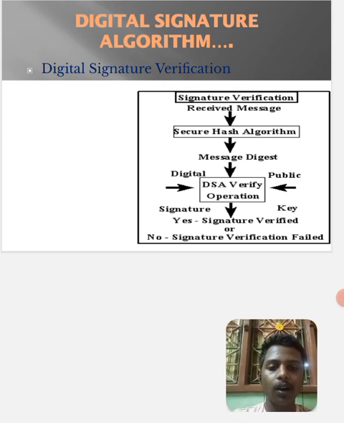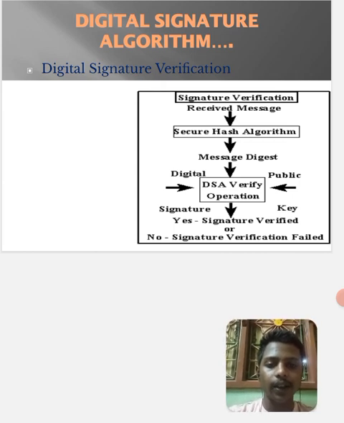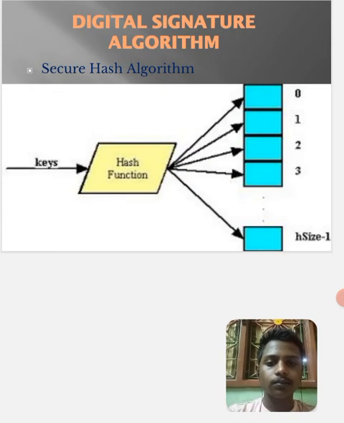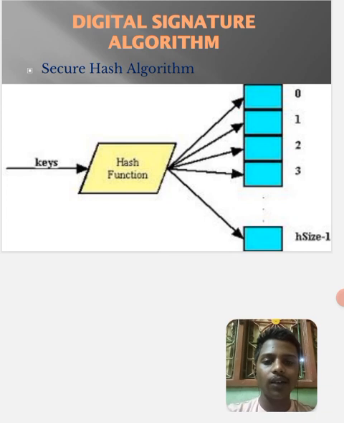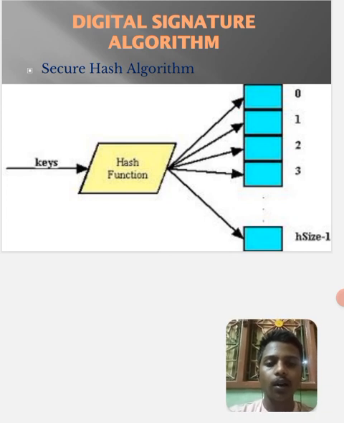And the last word is signature verified. Here it shows signature verified, and no means signature verification failed. The digital signature algorithm uses the secure hash algorithm, with hash function sizes at least 224, 256 and so on, like SHA-1.